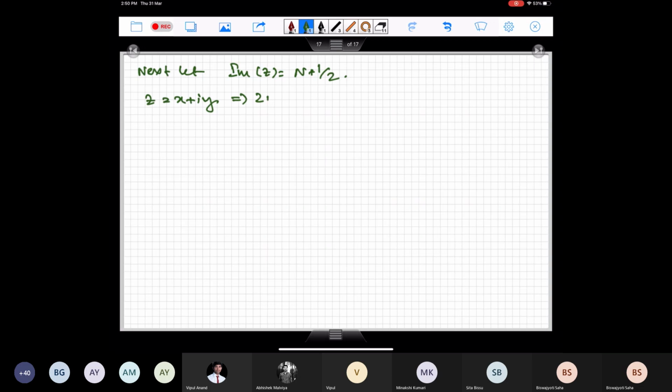That implies e to the power 2 pi i z, where 2 pi i z is 2 pi i x minus 2 pi times n plus half. That's what I have, and which is what? Therefore, I can say that this is 2 pi i x minus pi into 2n plus 1.